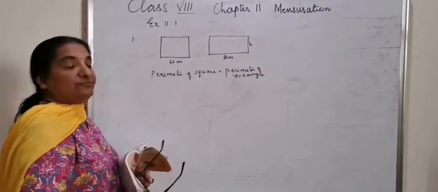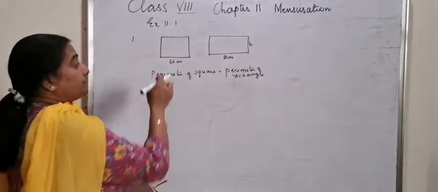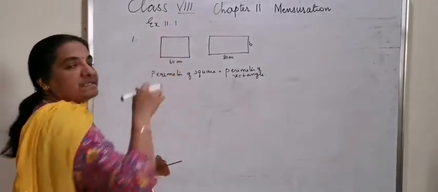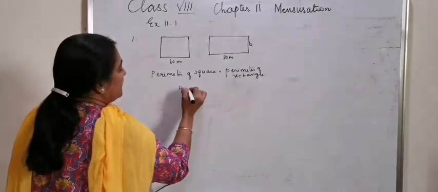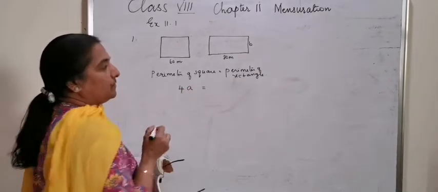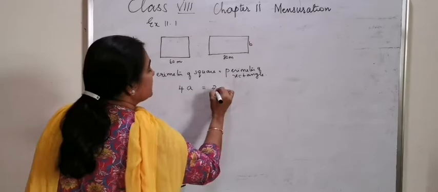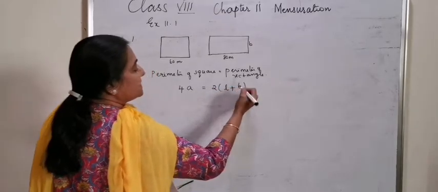What is the formula for perimeter of a square? Perimeter means the distance around the figure, or add all the sides. So 4 times A is equal to, the perimeter of a rectangle, 2 into (L plus B).